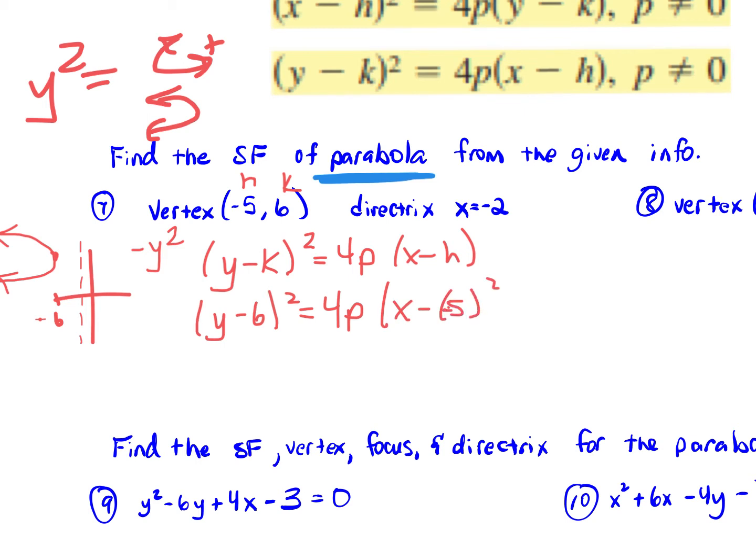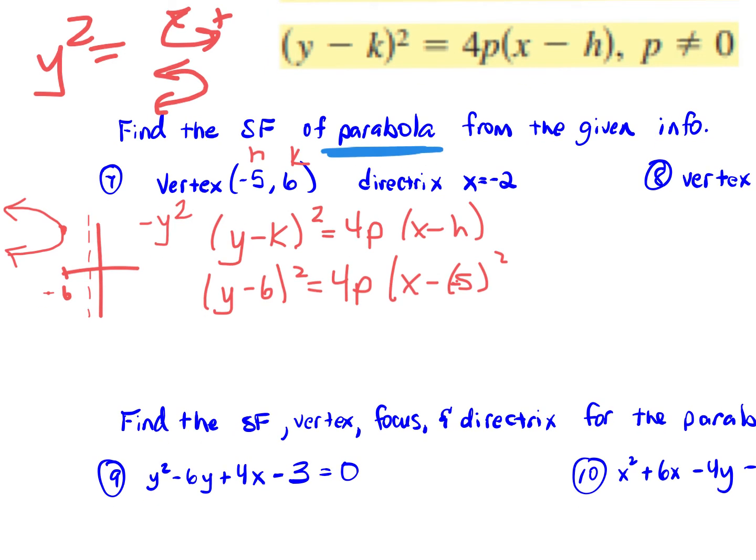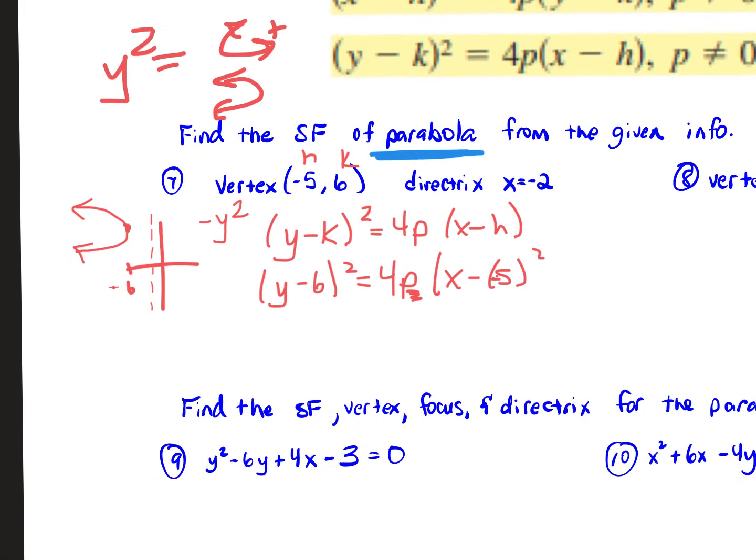Well, two things here we need to look at. First, two negatives give me a positive, but I need to know what this p value is. The way that you figure out what p is, is the distance from your vertex to your directrix. If I counted how far my vertex was from my directrix, it's 3 spaces, because this is at negative 5 and my directrix is at negative 2.